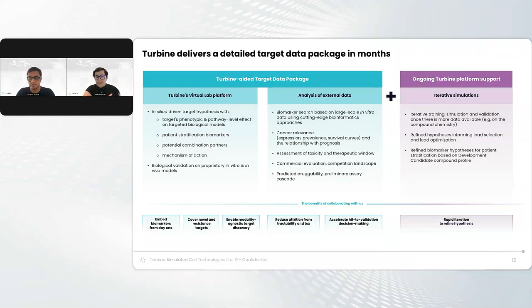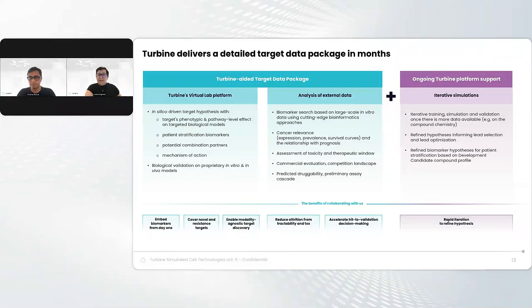Also, you can explore combination partners for the specific dependency. And from this, you can then design wet lab validation experiments that you can very specifically run to test the target mode of action and the dependency in your specific context.